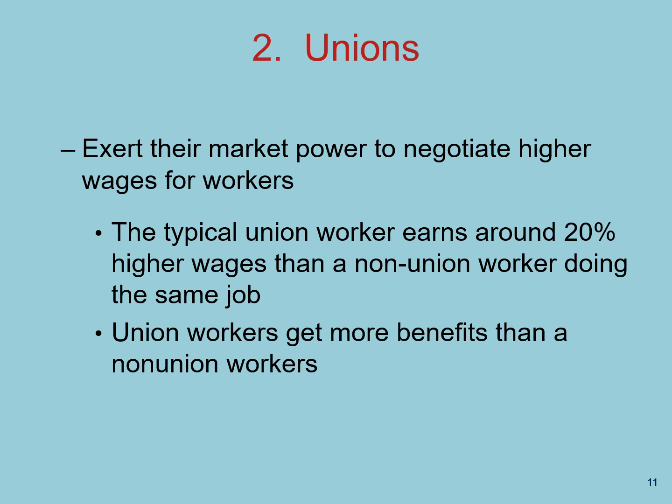Another reason for artificially high wages is unions. Unions exert their market power to negotiate higher wages for workers. And statistically speaking, the typical union worker earns about 20% higher wages than a non-union worker for doing the same type of job. At the same time, union workers get more benefits than non-union workers.